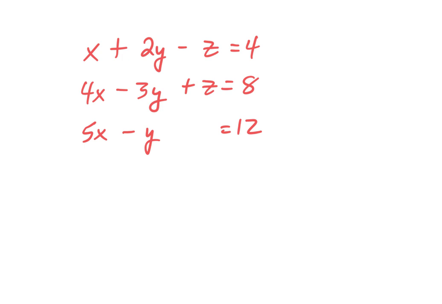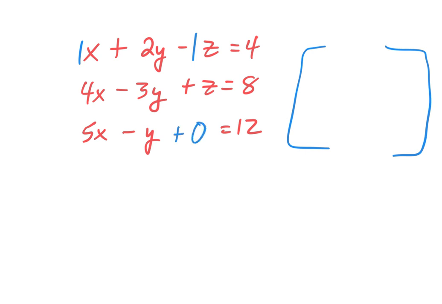Okay, so when I put this one into my matrix, this would be a 1, this would be a -1. This is going to be a 0 down here. If it's missing a variable, it's always got to go x, y, z. But if it's missing a variable, we're going to put a 0 in its place. Always watch your signs here too.